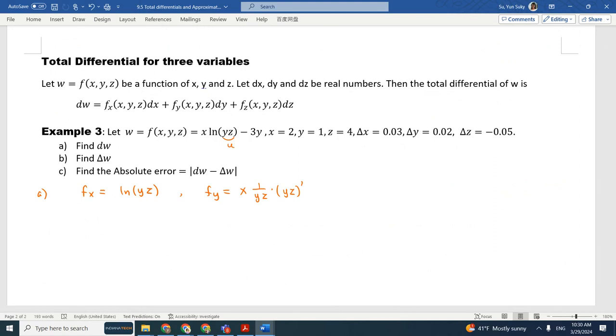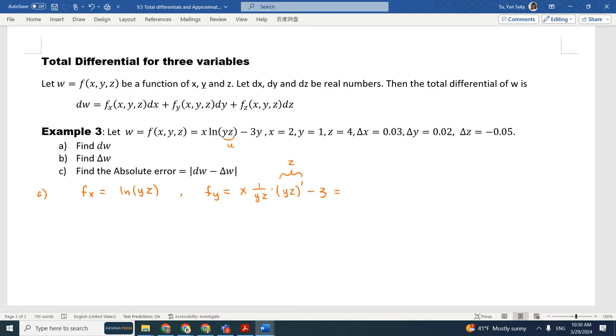And the derivative of negative 3y is negative 3. Yes. Okay, so because this part, the y-prime is z. Yes, because the derivative of y is 1.